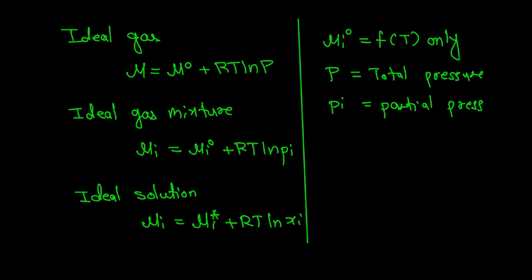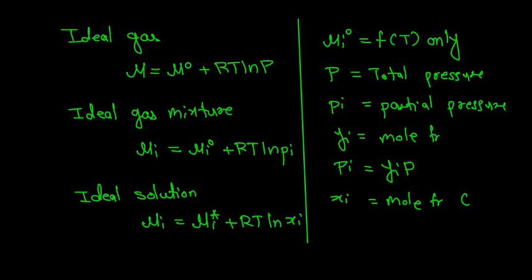And what is the relationship between total pressure and partial pressure? If Yi is the mole fraction of the ith component in the gas, then Pi equals Yi times P. This is another condition. Xi is the mole fraction again of the ith component, but this is in liquid.